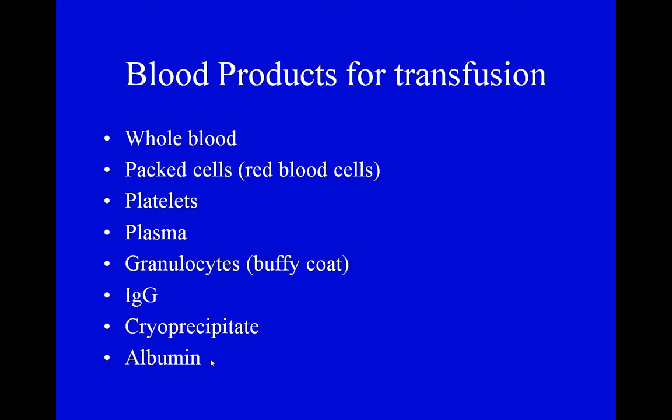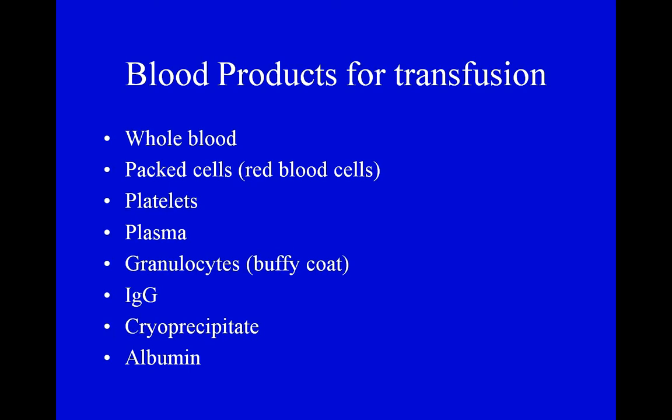Albumin is a large protein molecule that's in the plasma, and albumin is very expensive. Albumin has some possibility of transfer of blood-borne diseases, because albumin is known for, I guess, not being able to be screened.